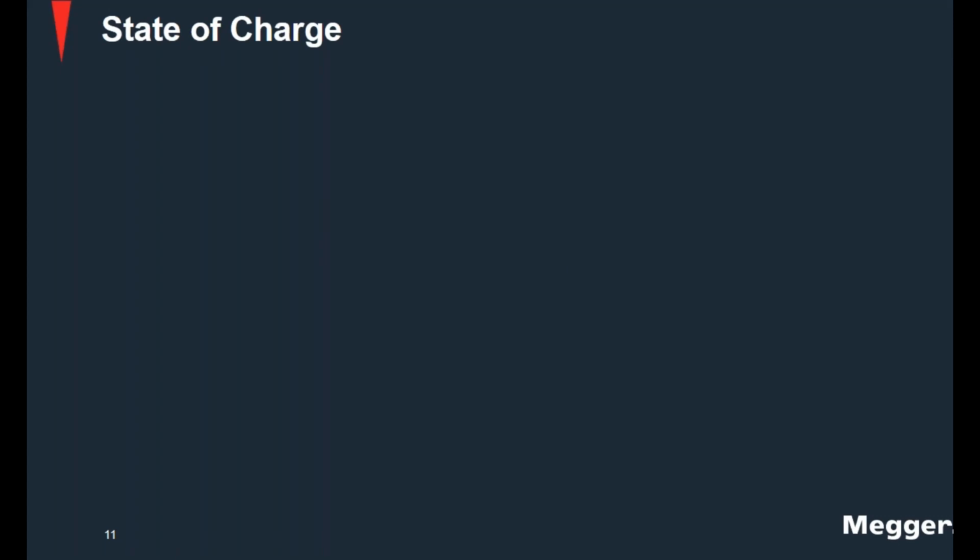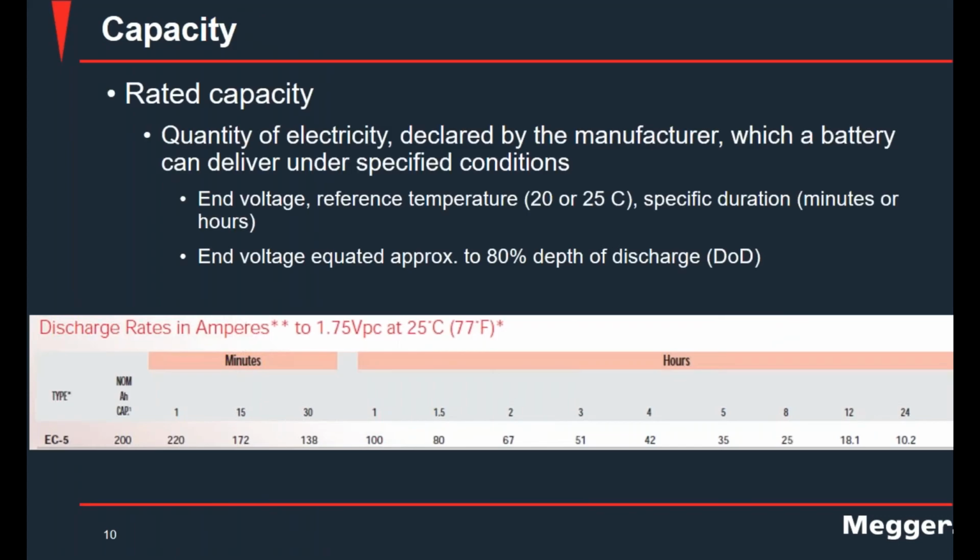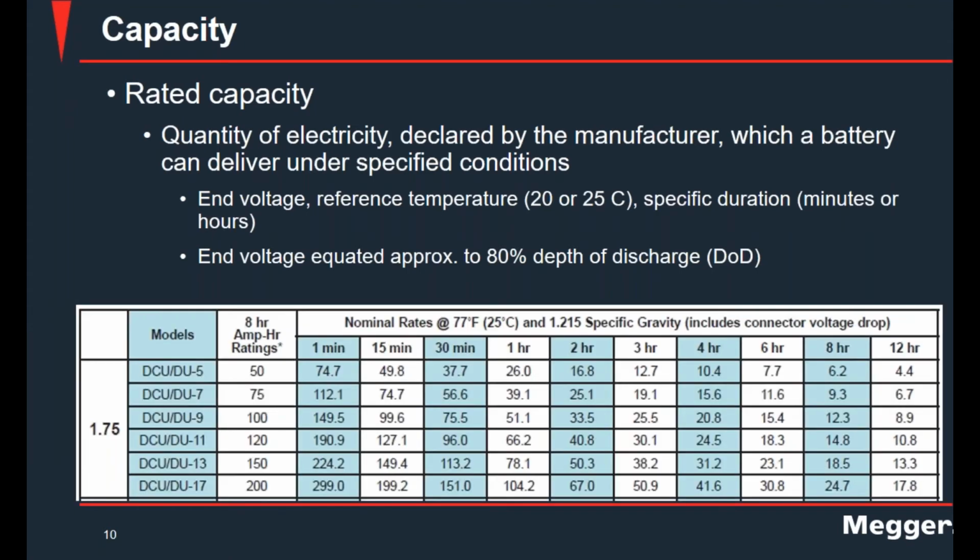So the bottom line here is that when you get to test a battery, you should not test to the nominal capacity. You should test to the rated capacity that the battery was really calculated or designed for. And that is a very important piece of information when running a test. This is another example.